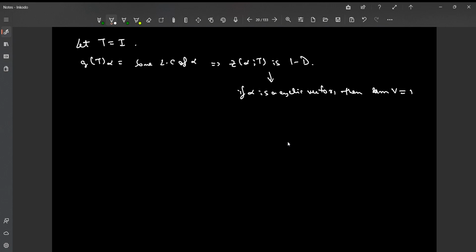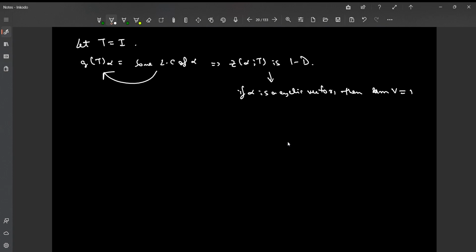Because if the dimension of V is 1, then it's obviously some linear combination of alpha, which we can imply back to this fact. We can choose T to be the identity operator, relate these two things, and then we can say that V is exactly equal to Z(alpha, T), and then alpha becomes a cyclic vector.